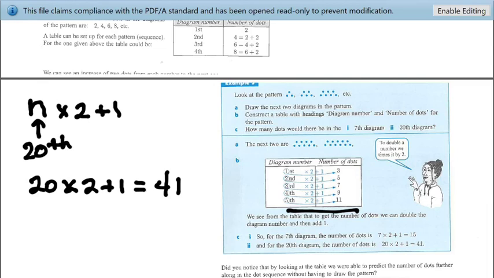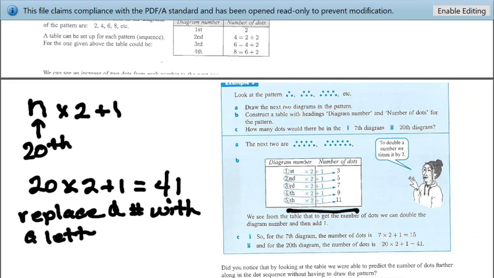And this is called algebraic notation. We're going to talk just a little bit about that. Anytime you replace a number with a letter, that's what algebra is.